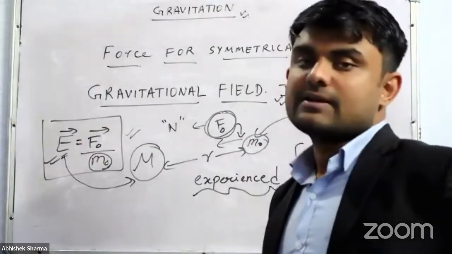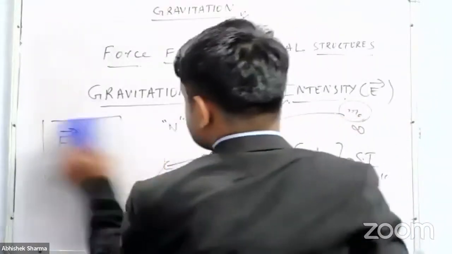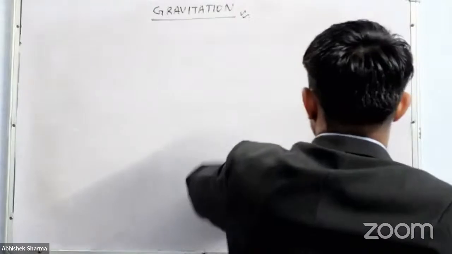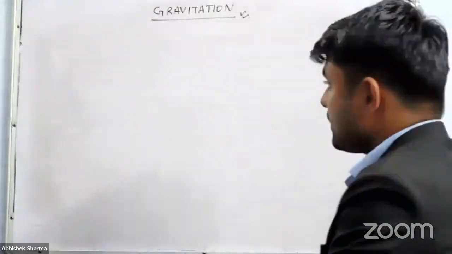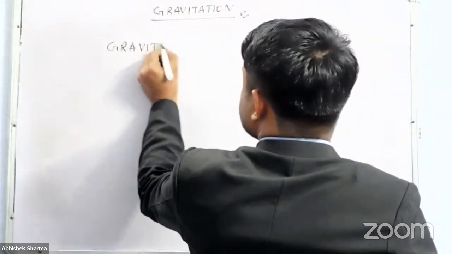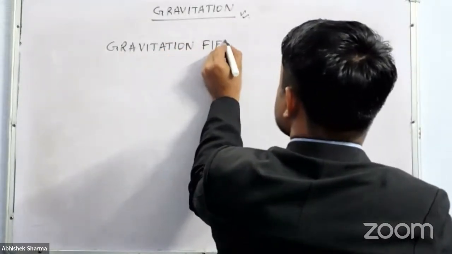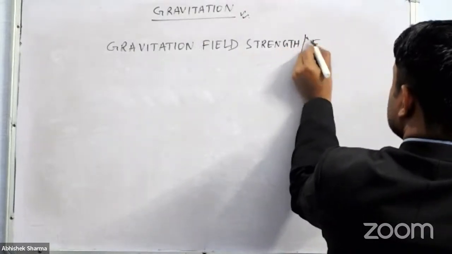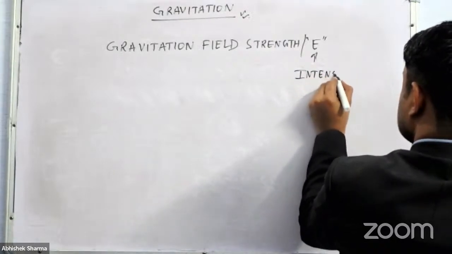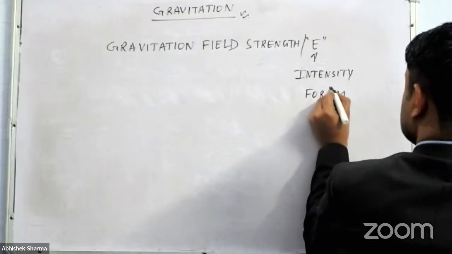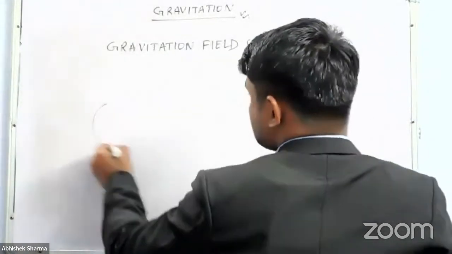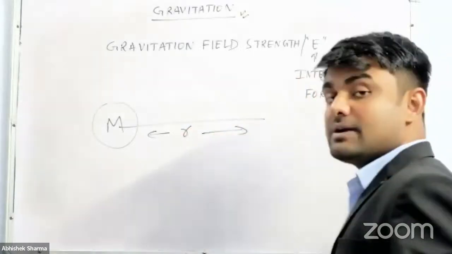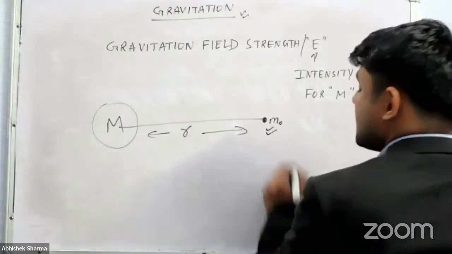Okay, so now we'll be solving for a generalized case, that is a capital mass M. Let's see for capital mass M. Suppose we are having a capital mass M and at r distance, m naught test mass is present.